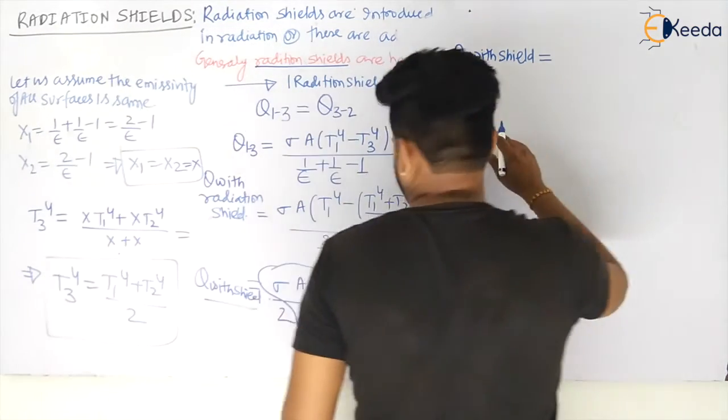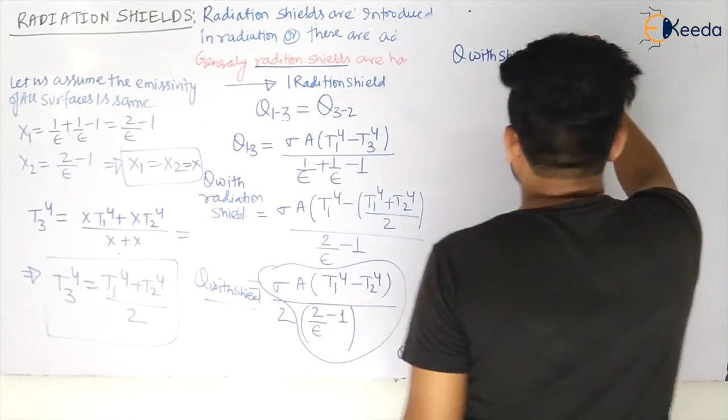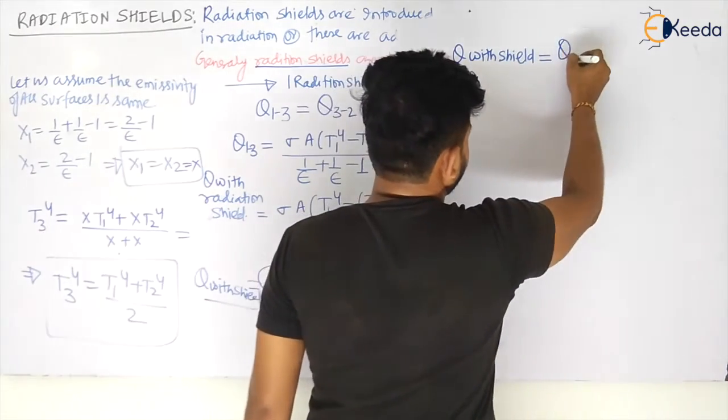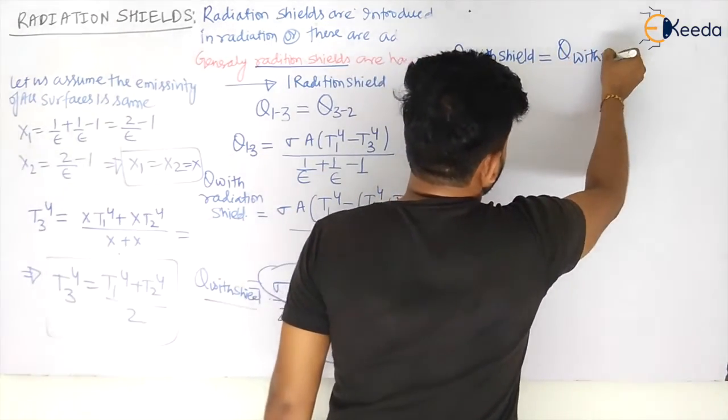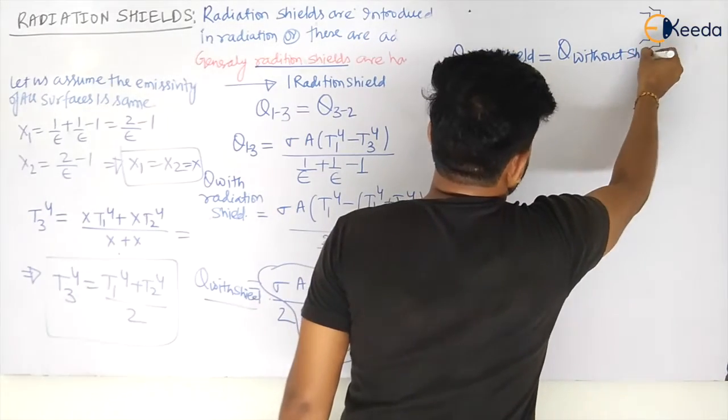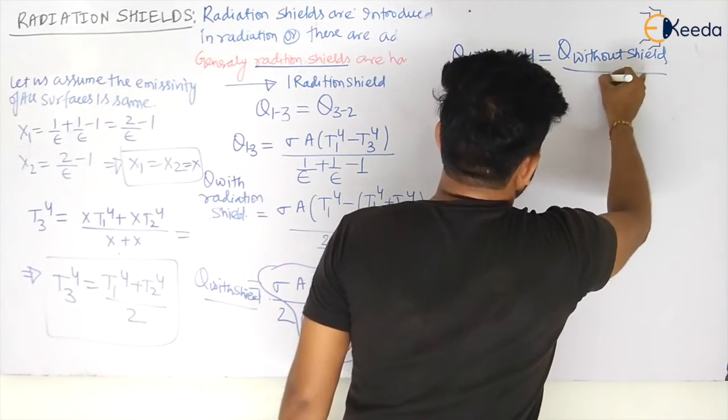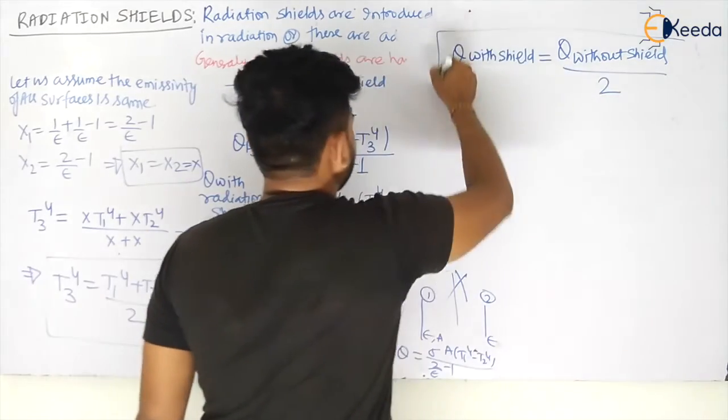So we can have that Q with shield is equal to Q without shield, that is heat transfer without shield, divided by 2, my dear students.